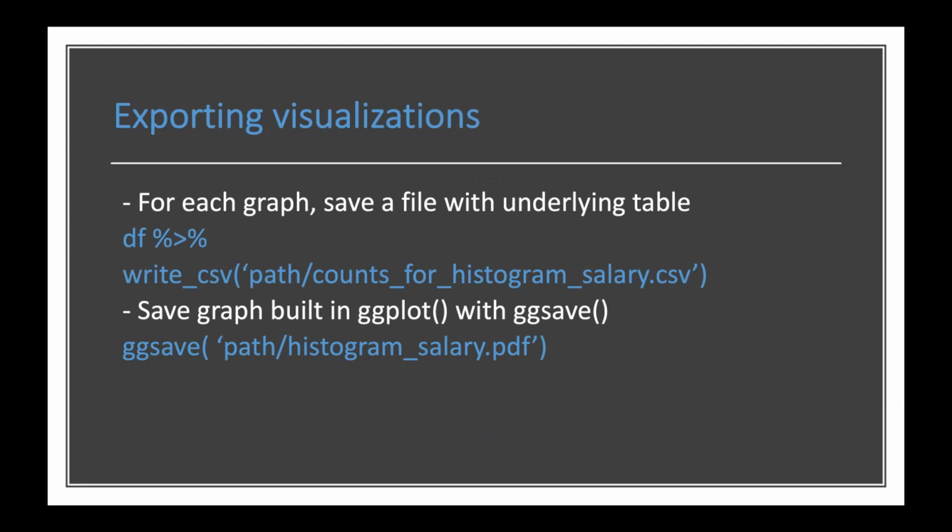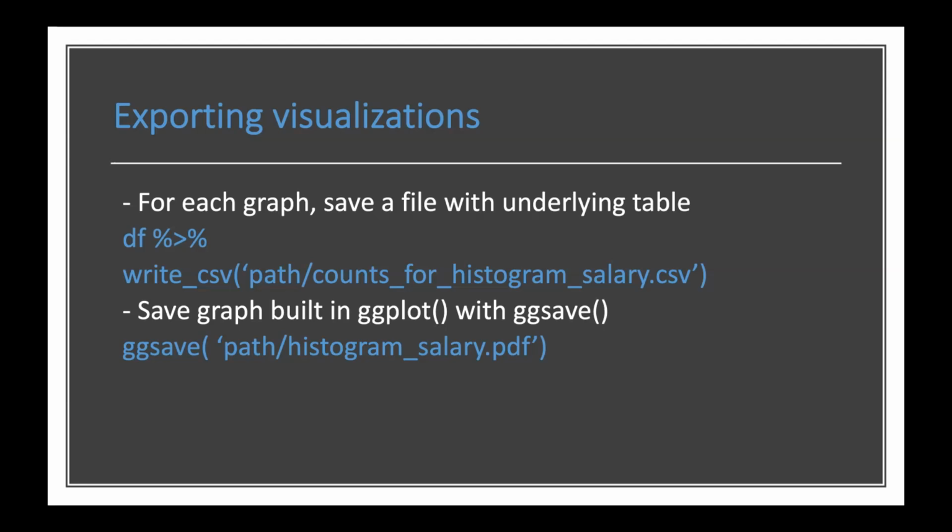If you see DF piped into write CSV where you have your file path, this would be, let's say, the individual counts for this histogram of salaries, or the institution counts for the histogram of salaries. It helps us a lot if you actually name these CSVs as well, so it's easy for the reviewers to tell which supplemental files correspond to which files you would like to receive for export.